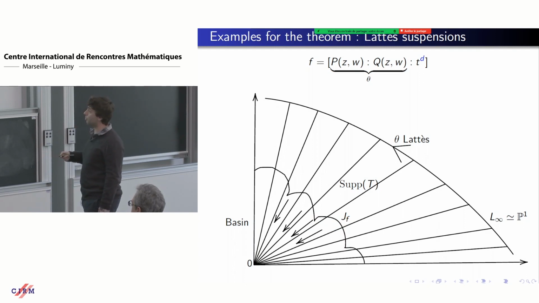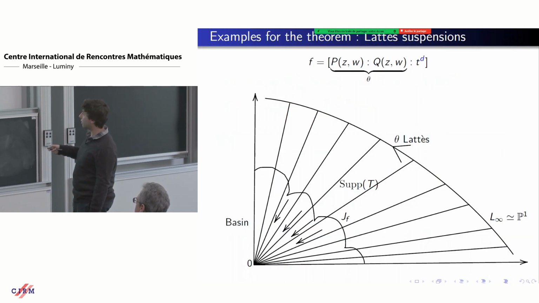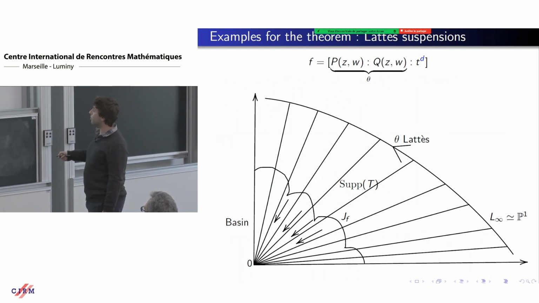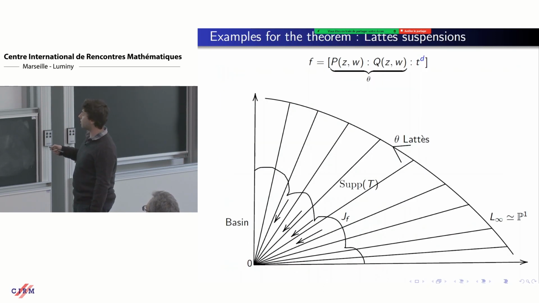And the complement of the basin is the support of the current. Here I have drawn the lines of the pencil that is preserved by F. And in this case, my foliation is exactly this pencil. And the exceptional set E_F, in this example, is the center of the basin and the line at infinity.